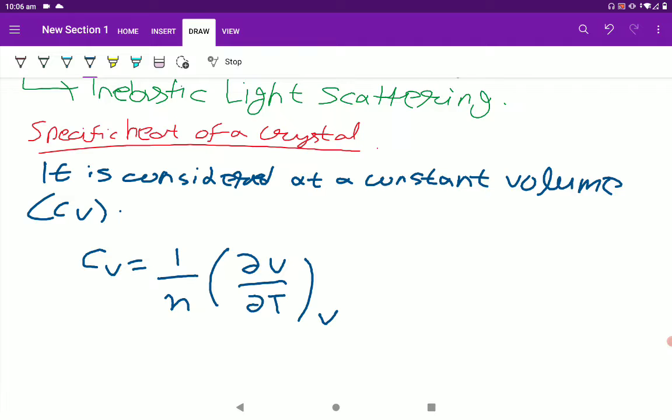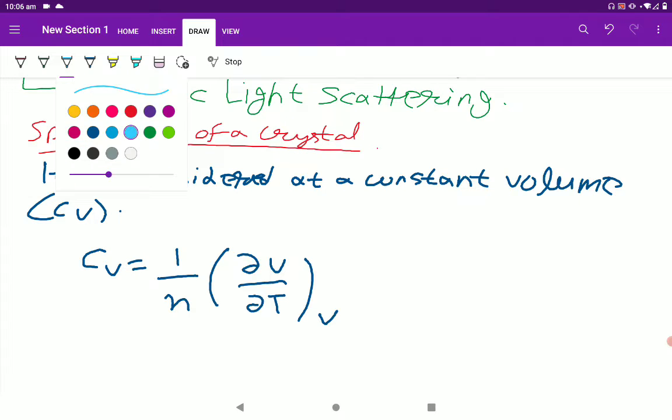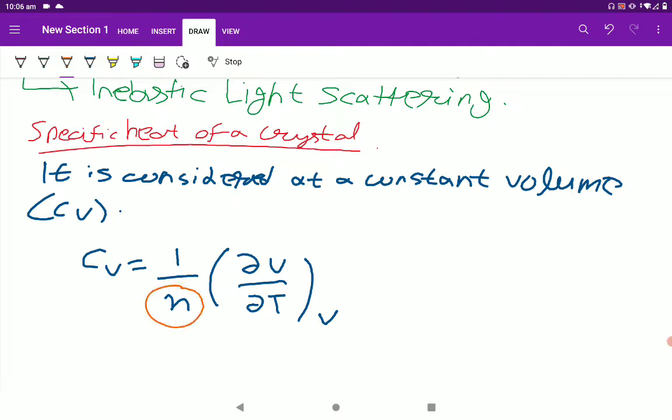Here n is the number of moles in a crystal.